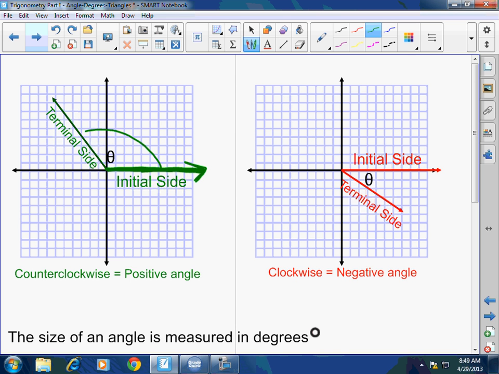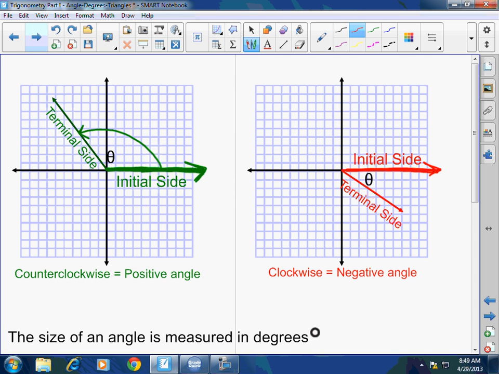It rotates counterclockwise. When you have a counterclockwise rotation, you are going to have a positive angle. Your initial side is still right here.